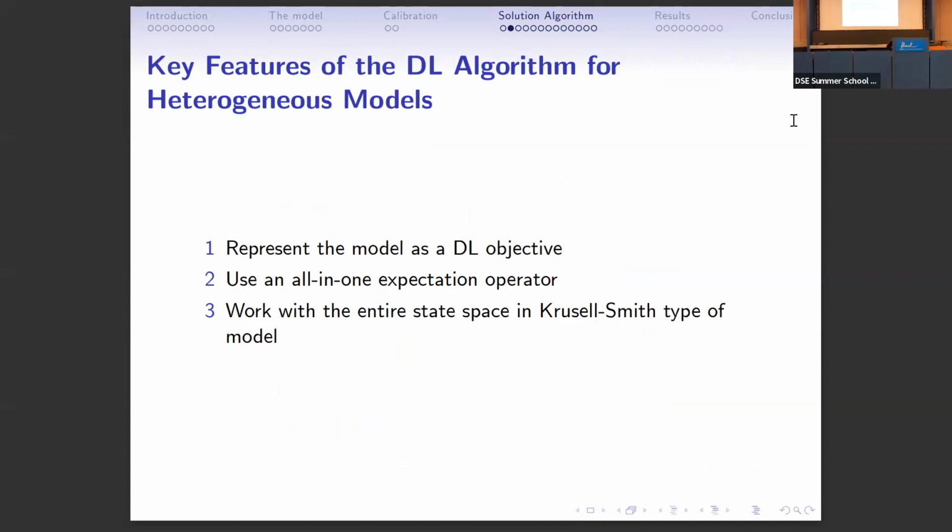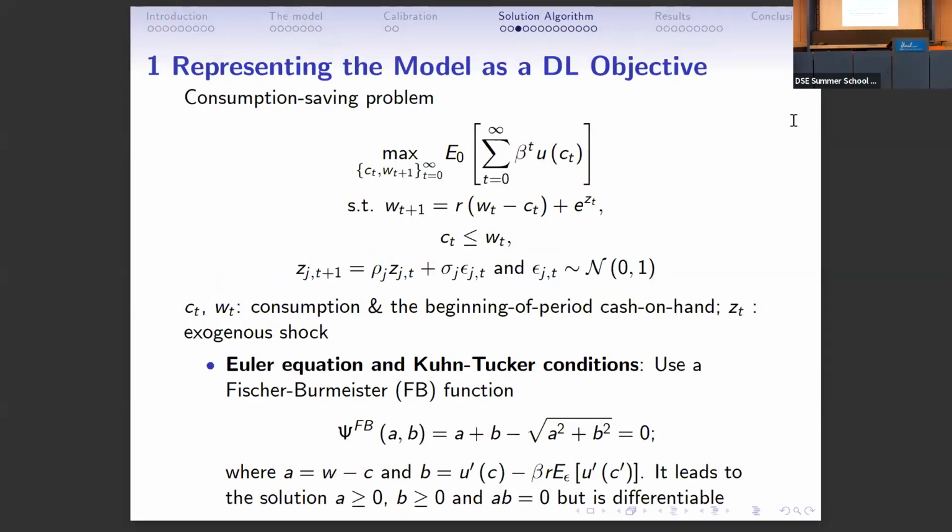I remind you that for this type of heterogeneous agent model, three features are important: how to represent the model as a deep learning objective, the all-in-one expectation operator, and how to work with the entire state space. As was mentioned by the previous speaker, to handle borrowing constraints or inequality constraints, we use the Fischer-Burmeister function.